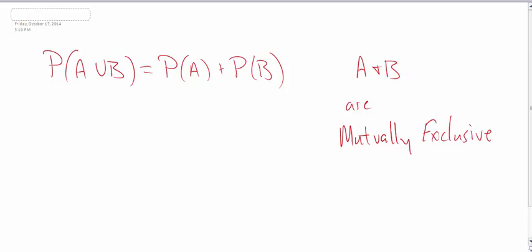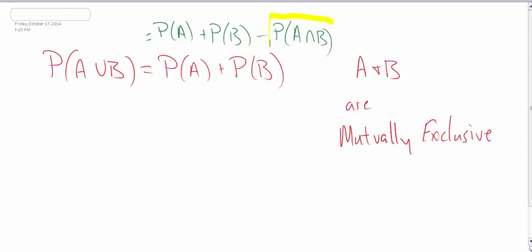But you're saying, wait a minute, we just showed that that can't be true. That this sum isn't true because we count the intersection twice. We just figured out that this is equal to probability of A plus probability of B minus the probability of A intersect B. Well, yeah, that's true, but what if there's no intersection?